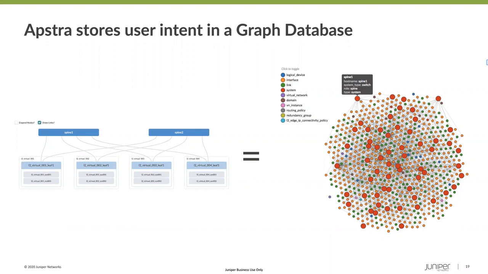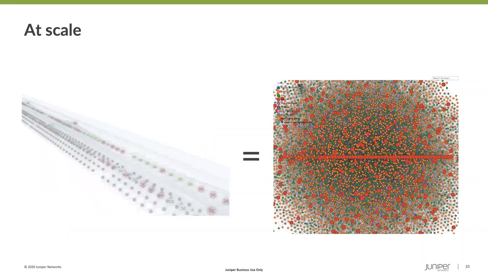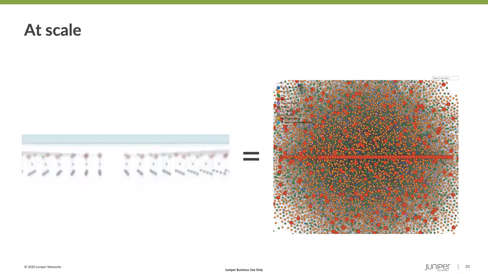And just to make sure, 99% of the time you don't have to care about this. There are some ways of doing queries into the database, and you can manipulate it and so forth. But most of the time it's just there in the background and you don't really have to care about it. And if you go into really big networks, it looks a little bit messy.